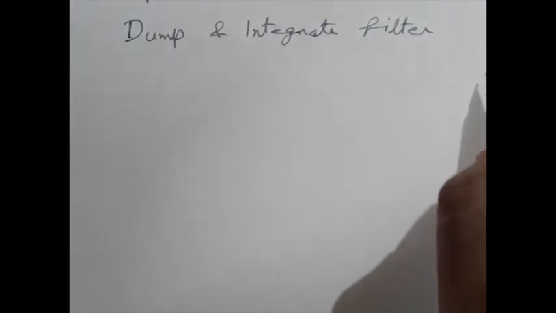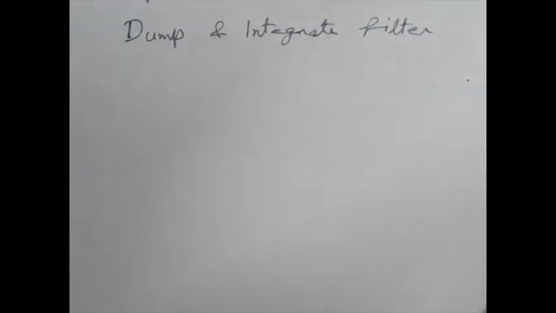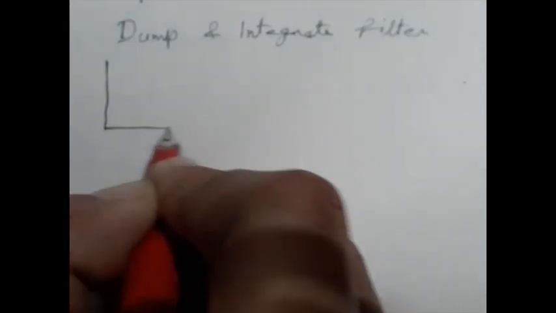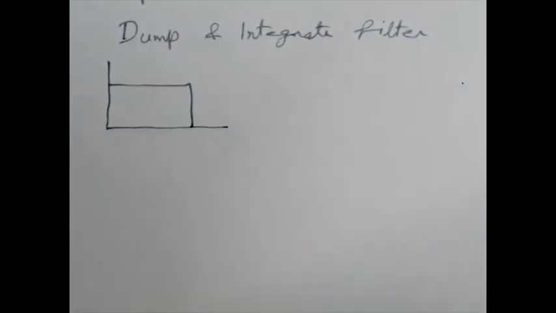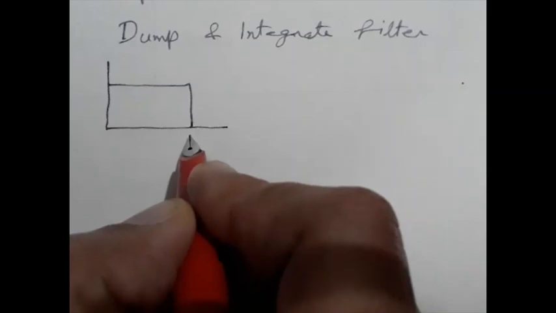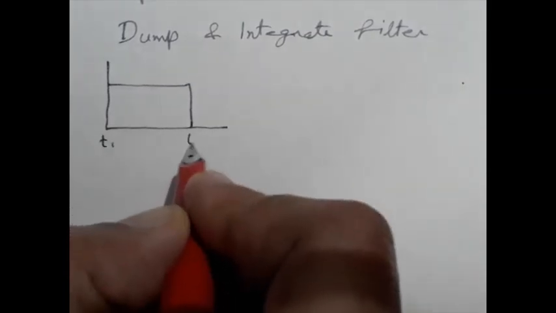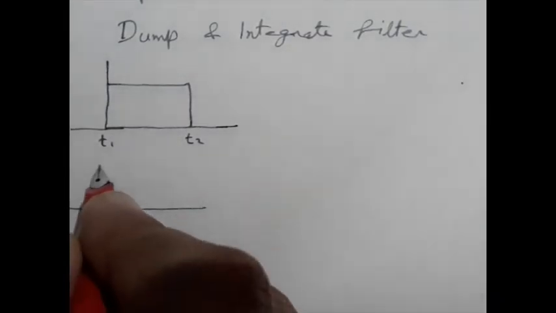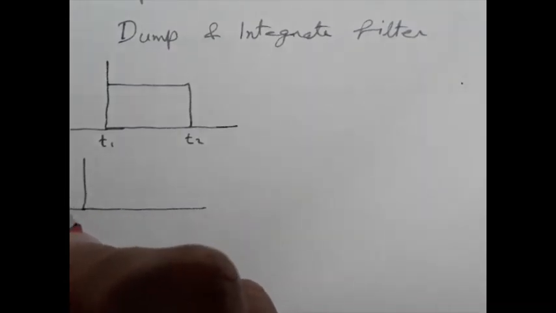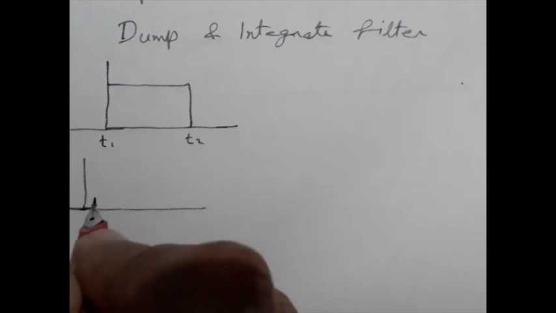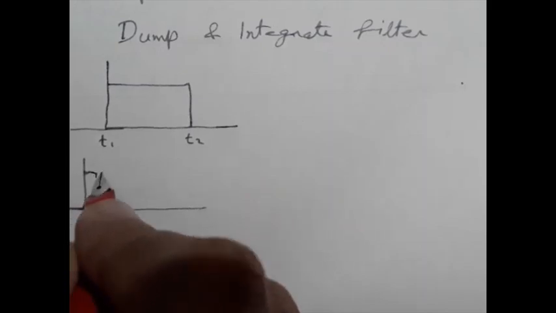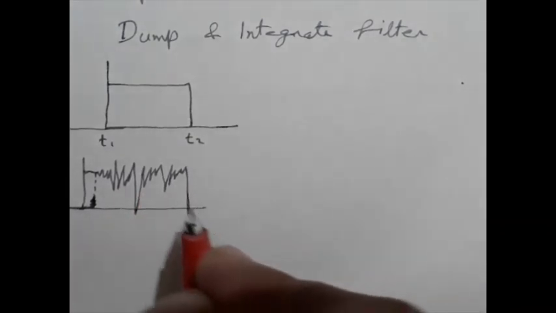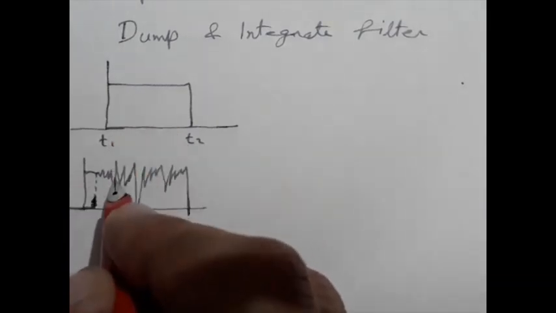So, what happens if we have transmitted a highly defined pulse like this at the transmitter, from T1 to T2, but at the receiver what we are getting is, say, this type of signal, because along with the signal there will be some noise.